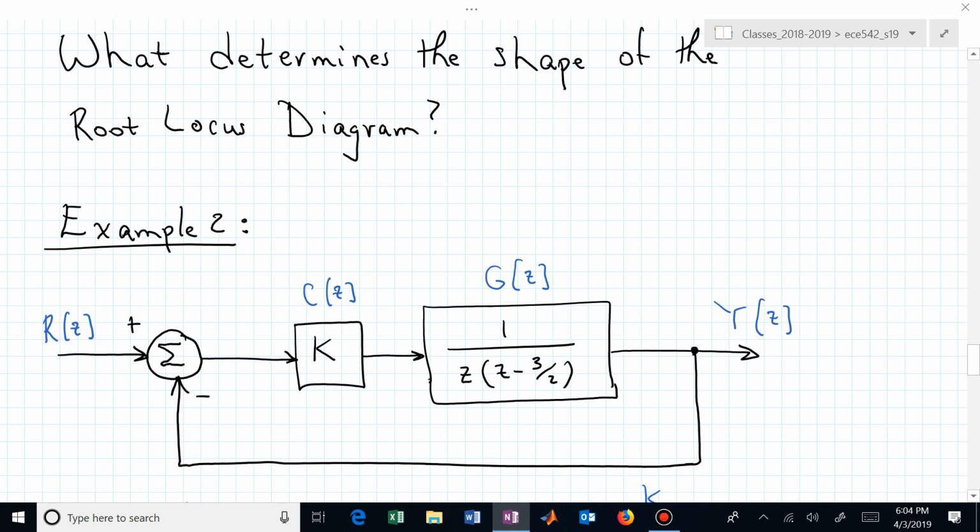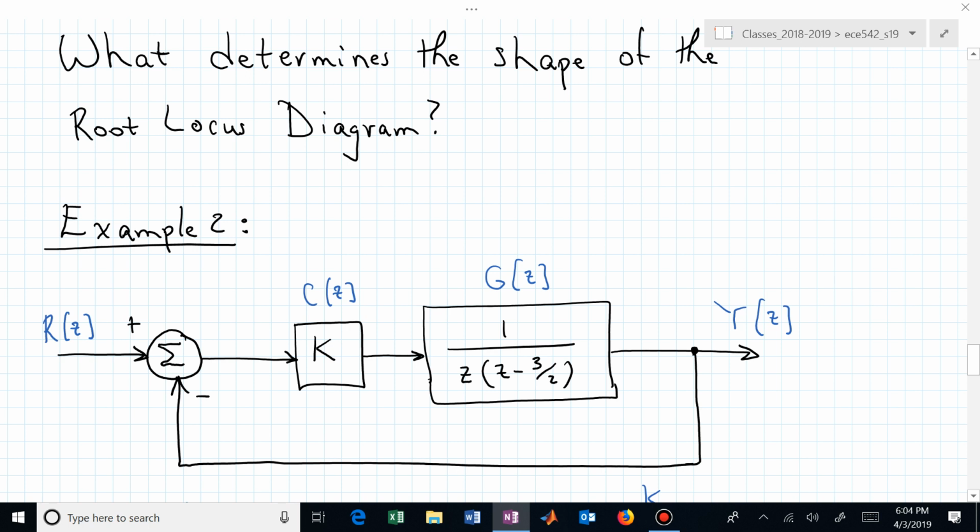Initially it's open loop unstable. We have one pole at 3/2. Now what we want to do is, can we stabilize it and maybe achieve some behavior that's acceptable to us? And what we can do is we can sketch the root locus and say, oh, those red branches, do they simultaneously go through a region in the complex z-plane that maybe we're happy with?